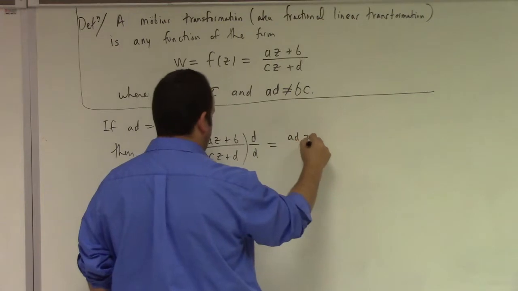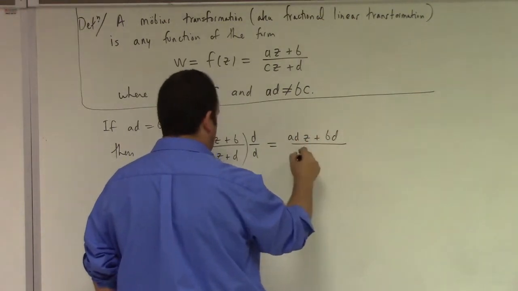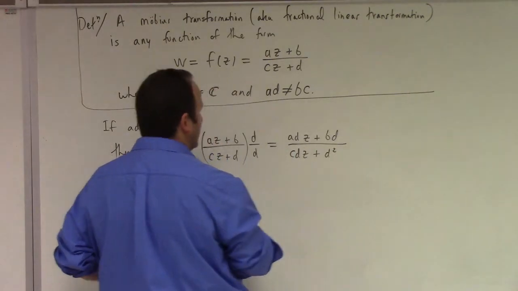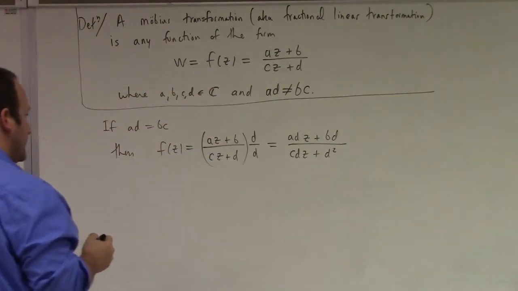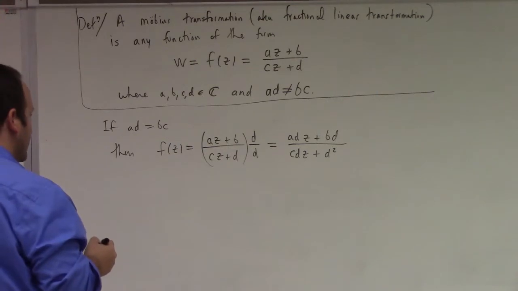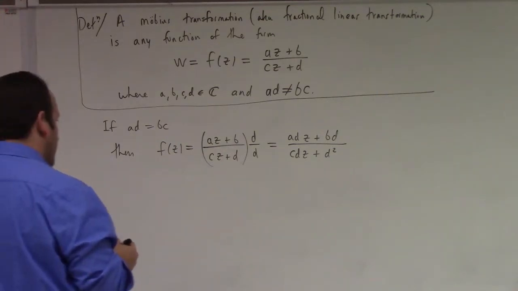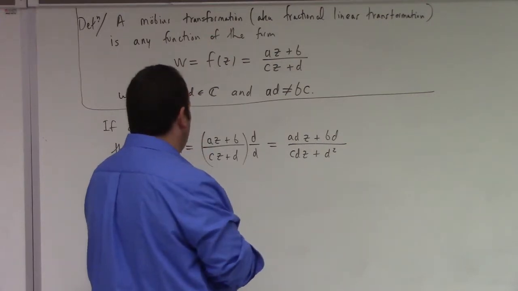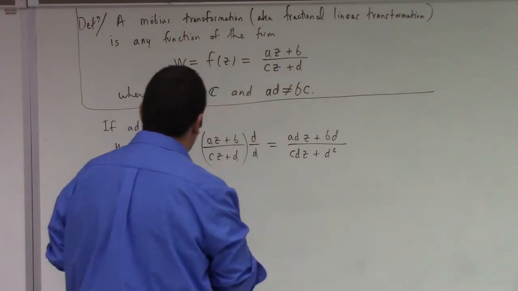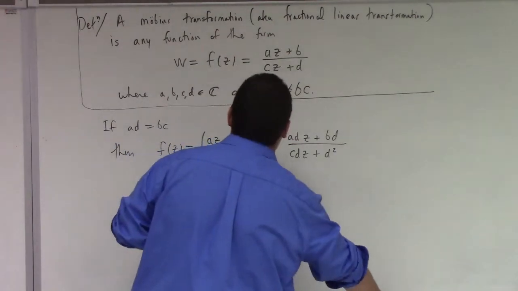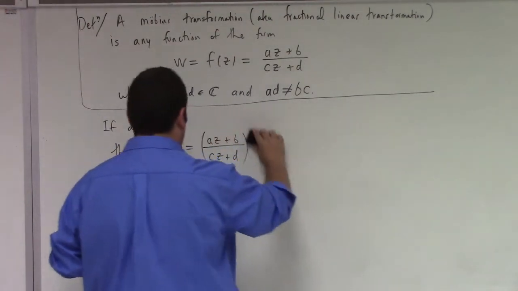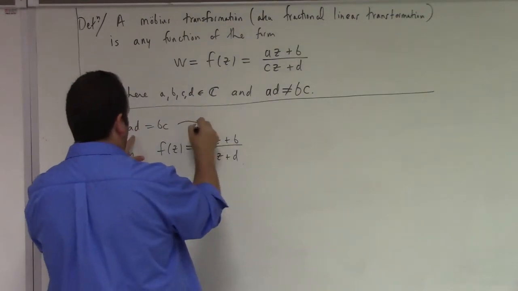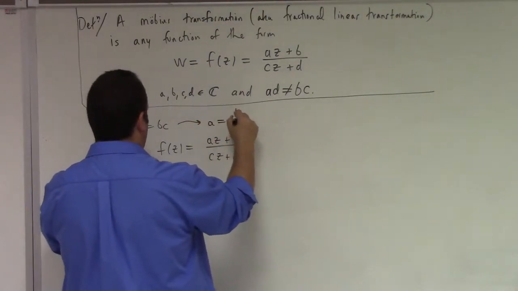That gives ad z plus bd over cd z plus d squared. What did we say? AD was equal to BC. I'm open to suggestions. So you said A is equal to BC over D?